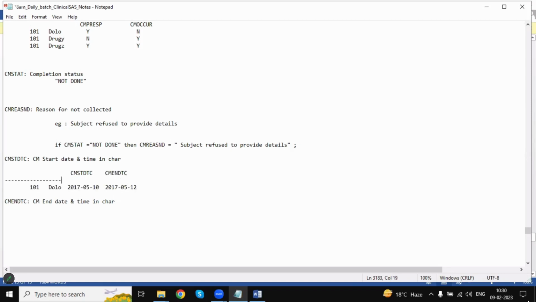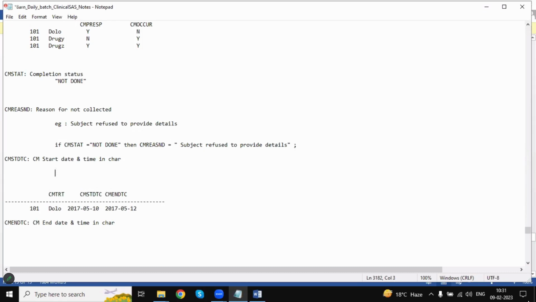Always for dates you have to follow the same rule: your date should be in character data type and in the standard ISO 8601 format.